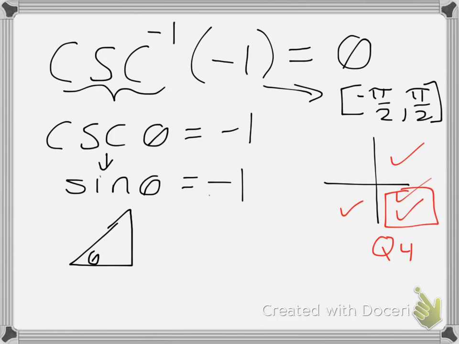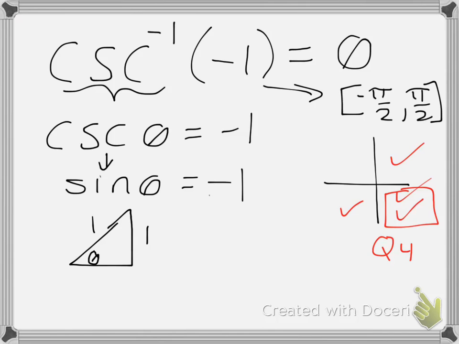So if this is theta, that is opposite over hypotenuse, excuse me, sine is opposite over hypotenuse. Now this leaves us with, well, what do we make our third side? And this is kind of confusing because it's unusual that our hypotenuse and our legs are the same. We're used to the hypotenuse being the longest side.